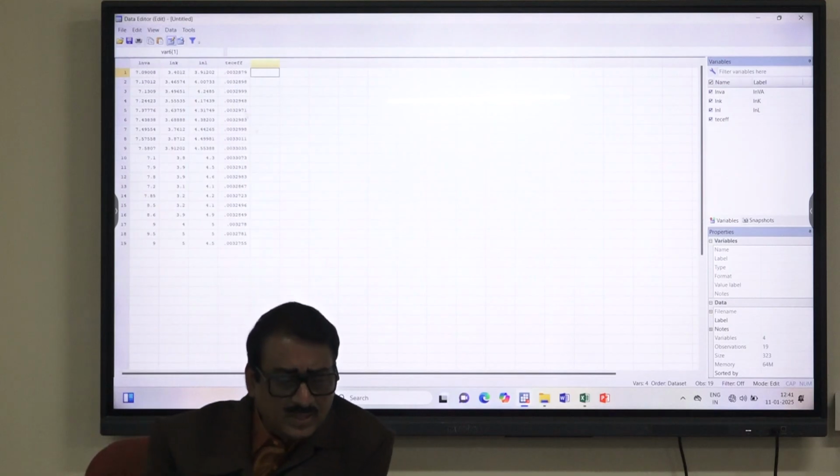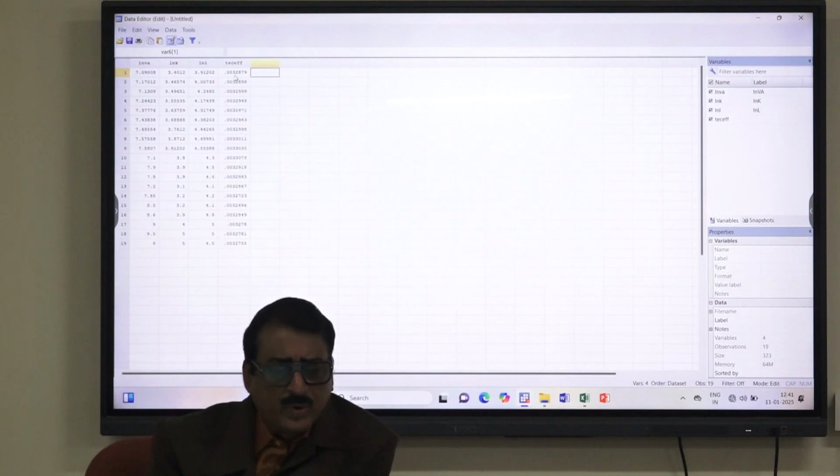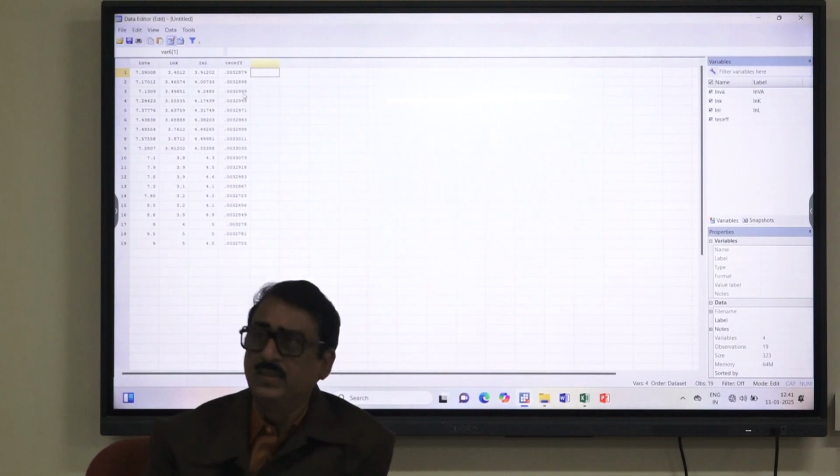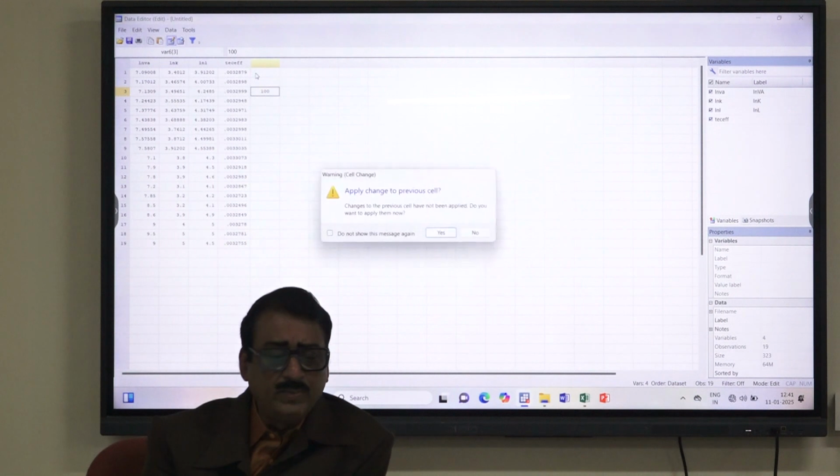So suppose, what is it? I think 0.0032898, no, 99. This is the maximum. Okay. So I will say this is my 100. If this is 100, then this will be how much?